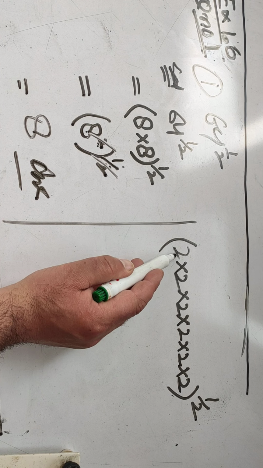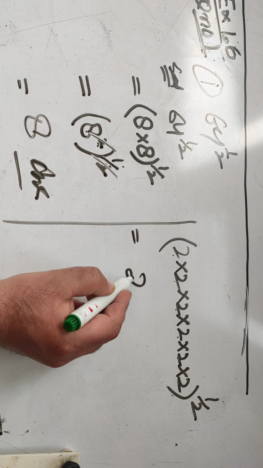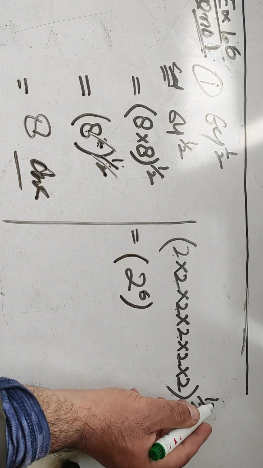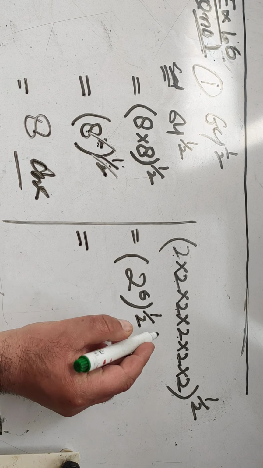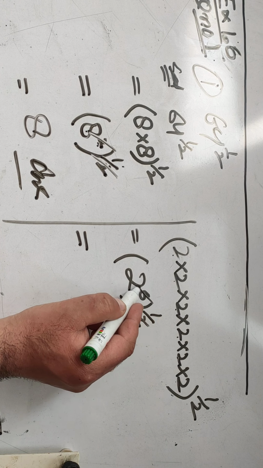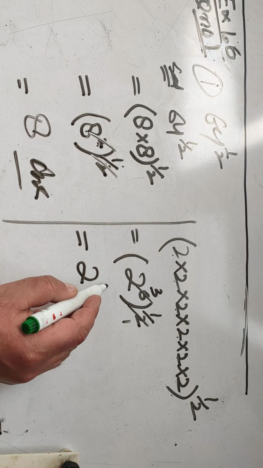So it is 1, 2, 3, 4, 5, 6, so it is 2 raised to the power 6, and the power 1 by 2. When the powers are multiplied, 6 into 1 by 2, there remains 2 raised to the power 3.